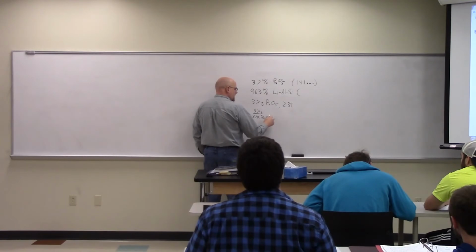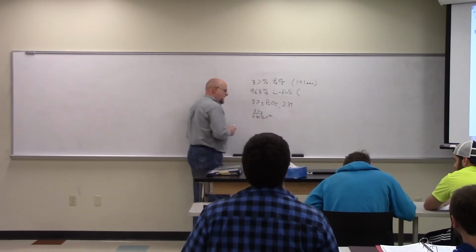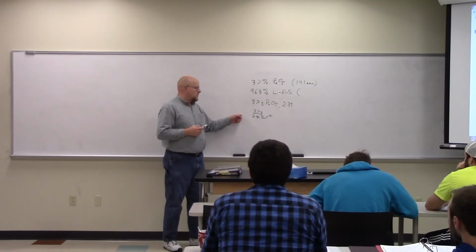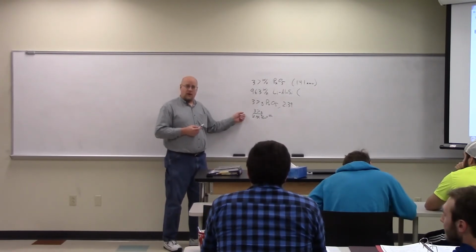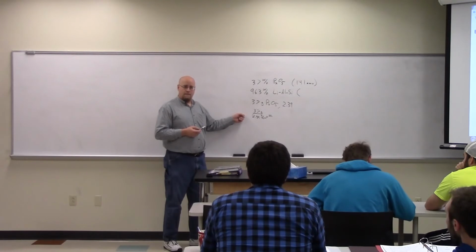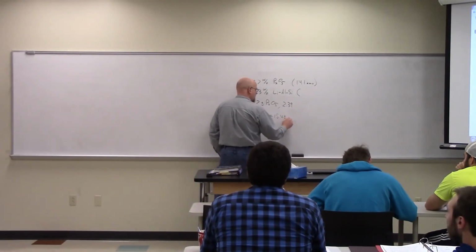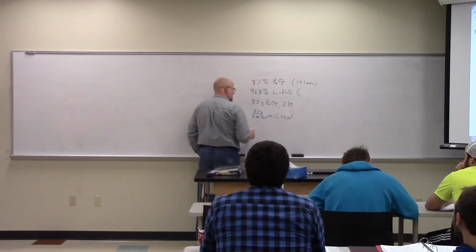I end up figuring out how many cubic centimeters I have of P2O5 in my 1 kilogram of stuff. 15.48 cubic centimeters, good enough.